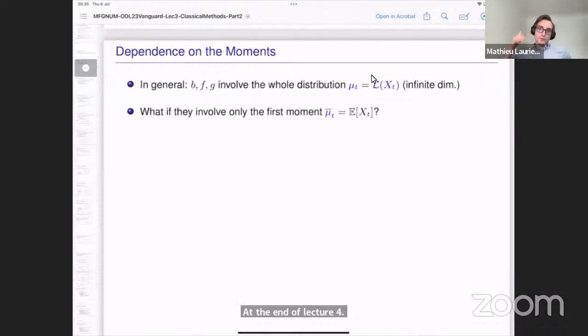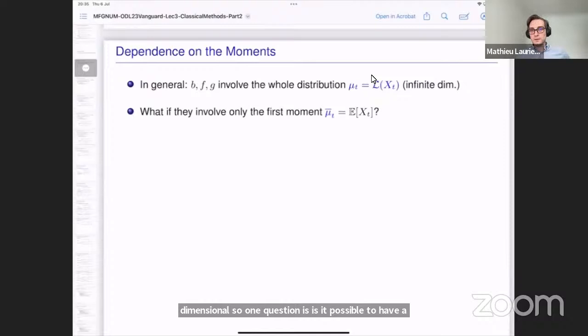When you try to do dynamic programming, the value function is a function of the mean field, and it becomes complicated. So in general, we would like to have something finite dimensional. One question is: is it possible to have a class of mean field games, or here a class of mean field control problems, that depend only on a finite number of moments?